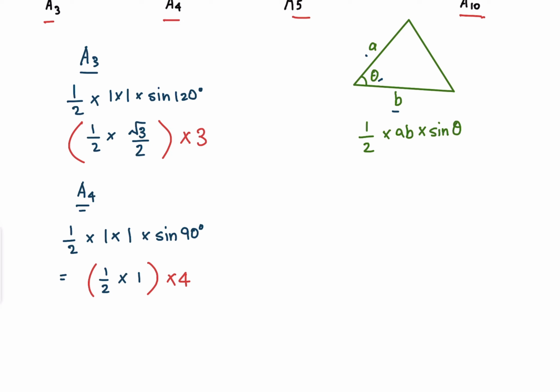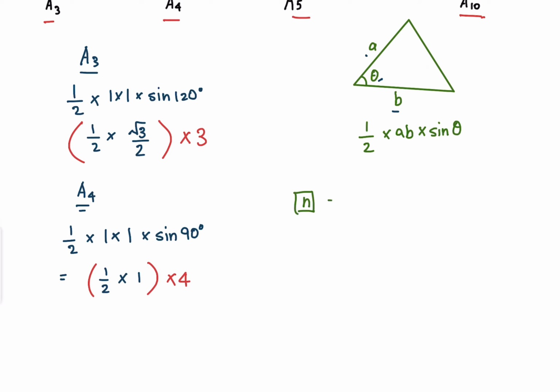So right now we have 3 root 3 over 4 for the area of A3, and then we have 1 by 2 or 4 by 2, which gives us 2. Now, if you think about it, we could write n. So let's take a value n.